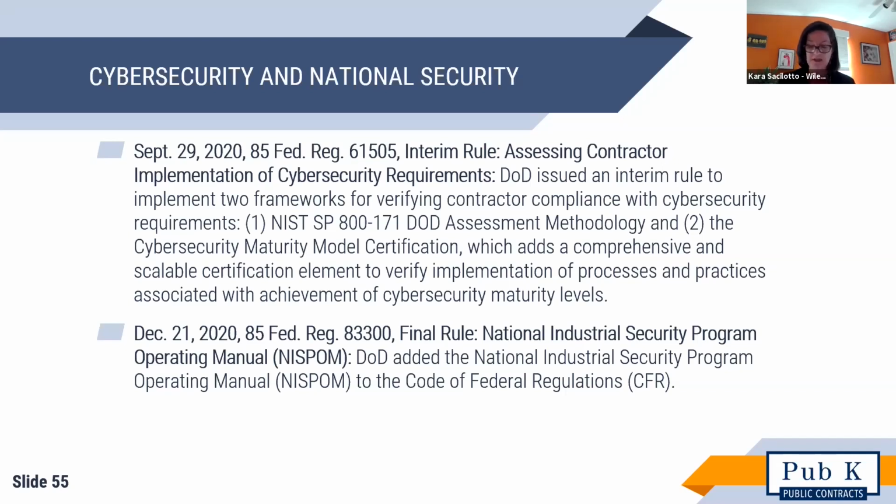Under the NIST methodology, contractors are required to complete a self-assessment of their compliance with NIST 800-171 before they can receive DoD contracts. The interim rule defines 3 levels of assessment. To be eligible for award, a contractor must complete the basic level, the first level, which is a basic assessment. A basic assessment is performed against 110 controls in the NIST SP 800-171 standard.